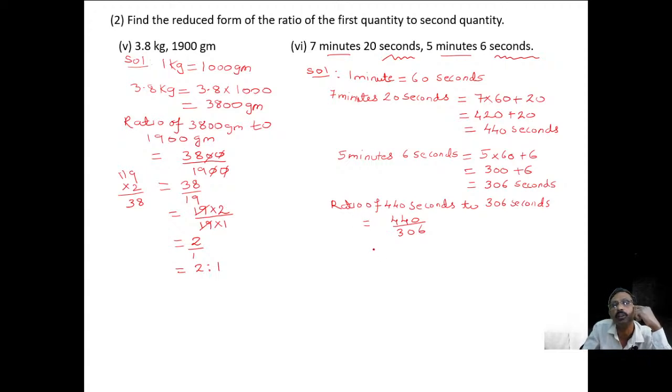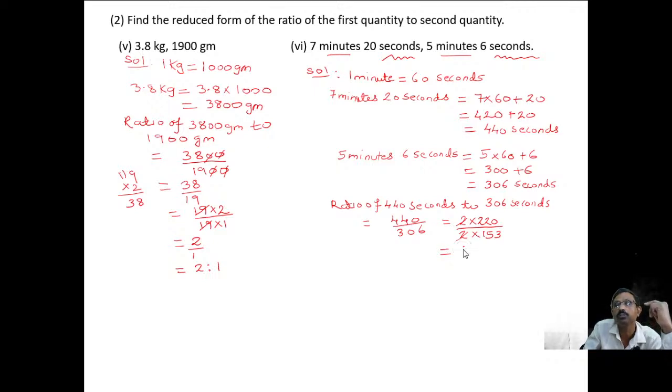If I use a table of 2, let me see. 2 multiplied by what? 2 multiplied by 220, upon, now the same 2 has to come here. 2 into what gives me 306? 153, which is equal to, now 2 ones are 2, 2 ones are 2.